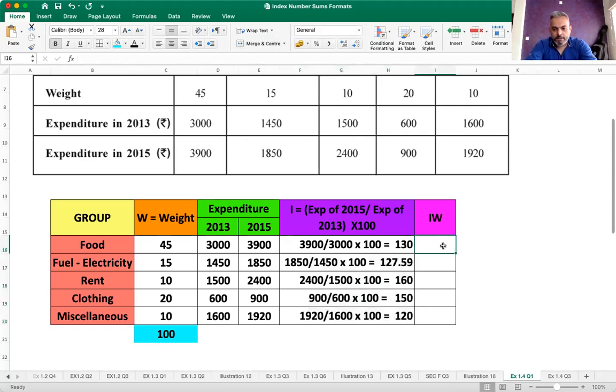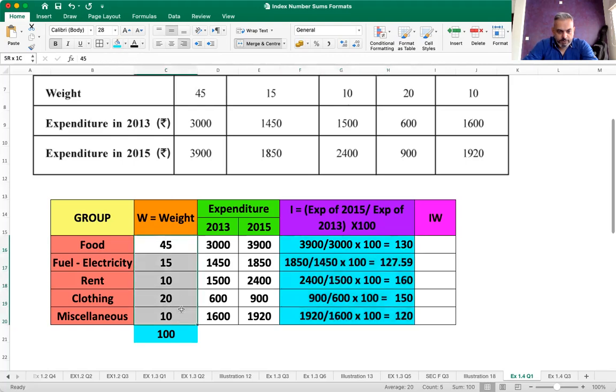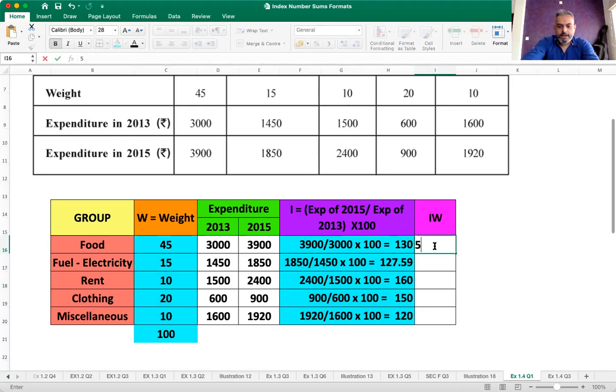Now I into W. So this column I and this column W. 130 into 45, 5850. 127.59 into 15, 1913.85.